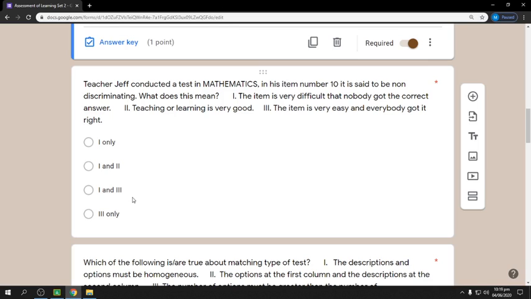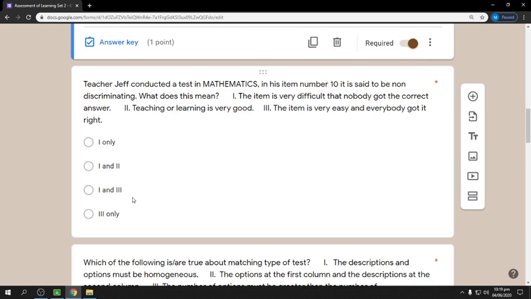If you could still recall, there's this magical number 27% for the upper group and the lower group. Once you have identified the difficulty for the upper group and the lower group, you then get the difference. That's where you get the discrimination index, correct?